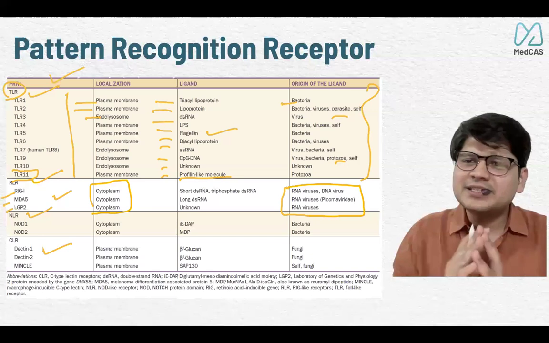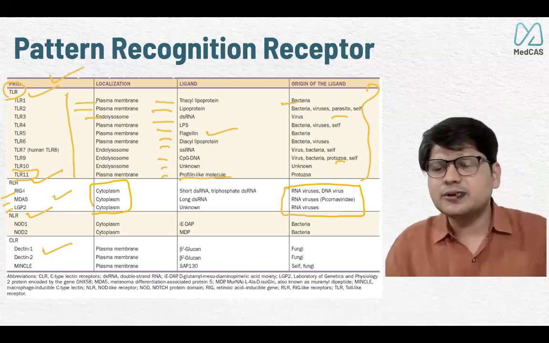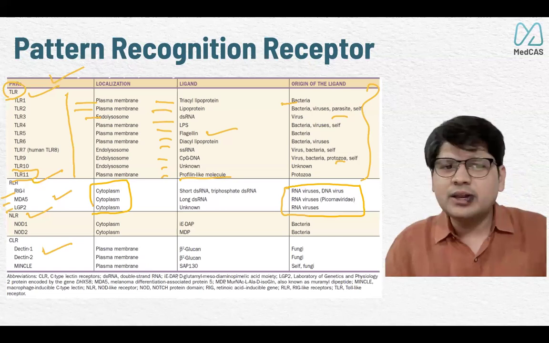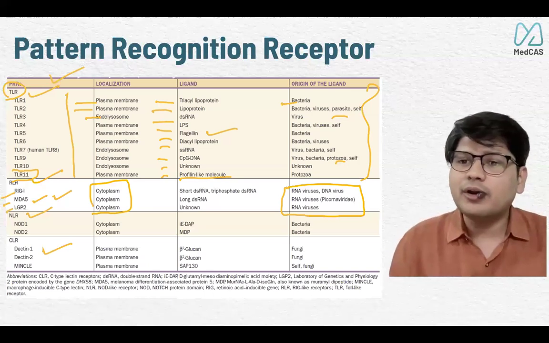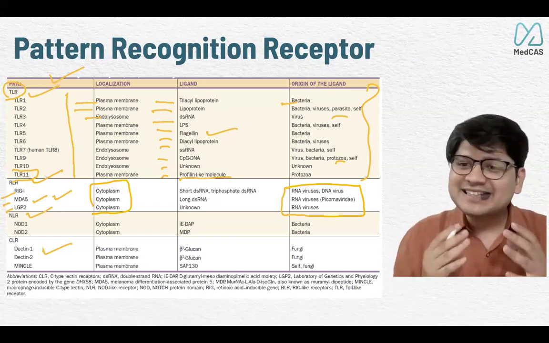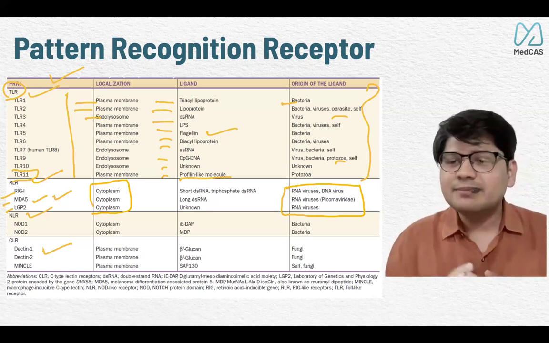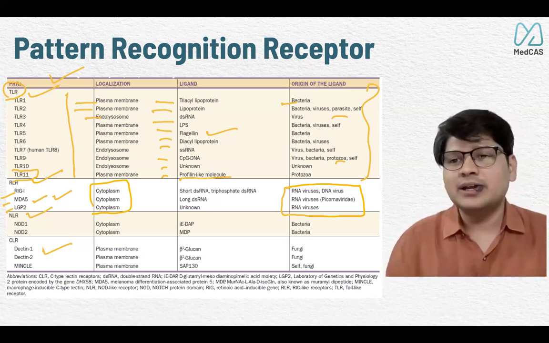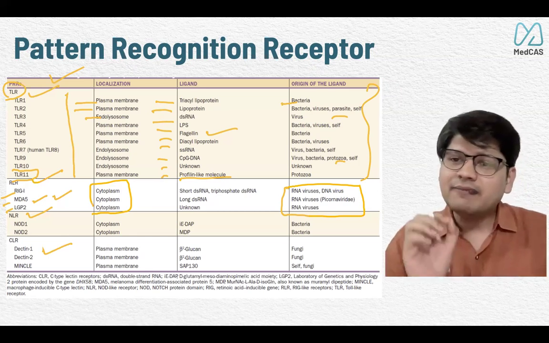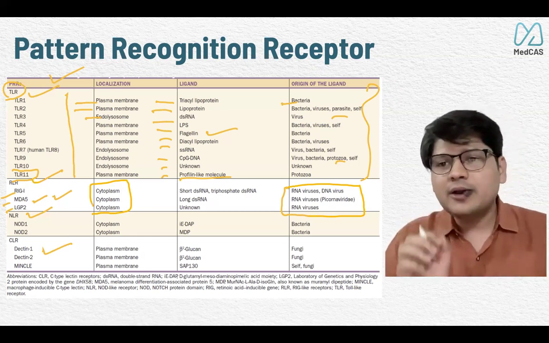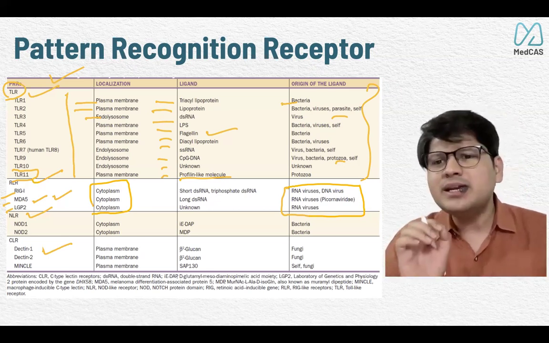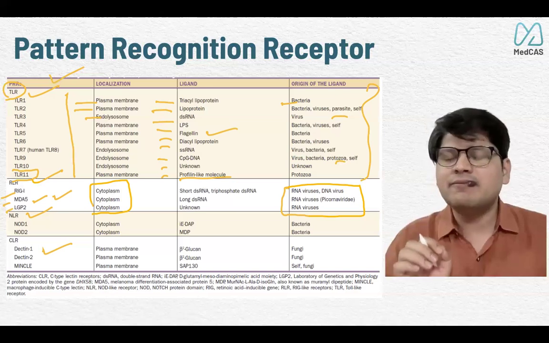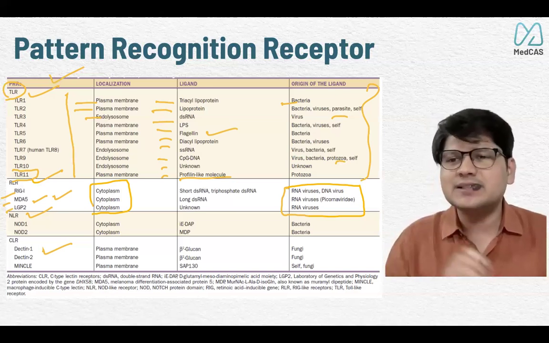Yesterday on the group we were discussing a case of dermatomyositis, and I wrote something called anti-MDA5 antibody. What is that MDA5? Here it is. Sometimes things are right in front of our eyes, but we never think much about them. Anti-MDA5 antibody dermatomyositis, or amyopathic dermatomyositis, can be triggered by virus infection, specifically RNA virus infection.